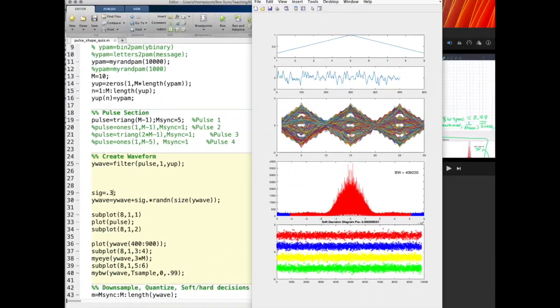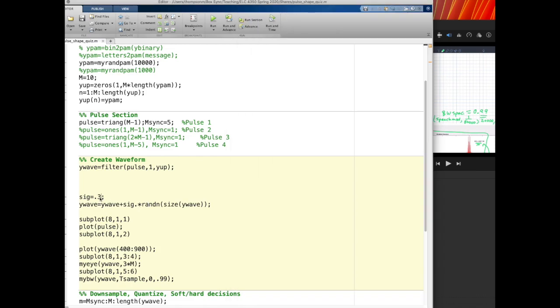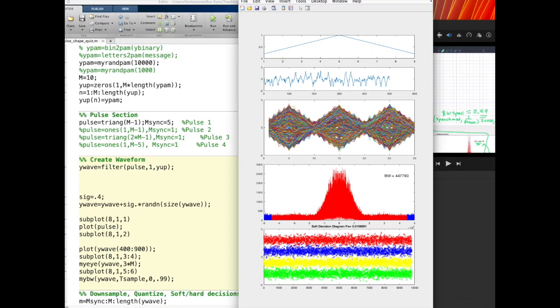Okay, so at 0.3, I'm starting to generate some errors, but it's very rare, 0.0003. So just a few symbol values cross over at that noise level. Okay, so we keep going up. Go to 0.4. Add more noise in.